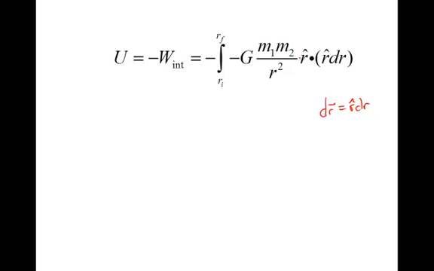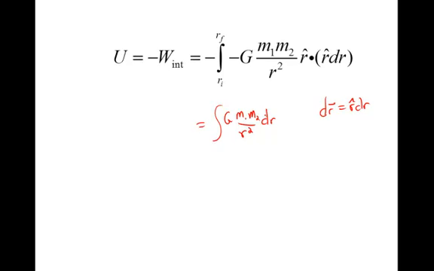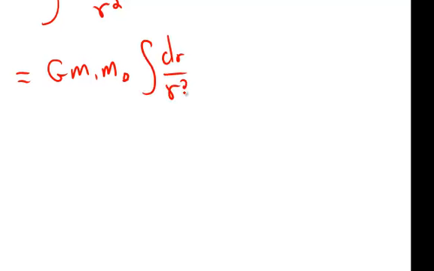So what I can do is rearrange this, and the two negative signs cancel. The integral of g m1 m2 over r squared times dr. And notice that g, m1, and m2 don't depend on r at all. Those are constants, and so I can pull those outside of my integral sign. So we just have the integral of dr over r squared.